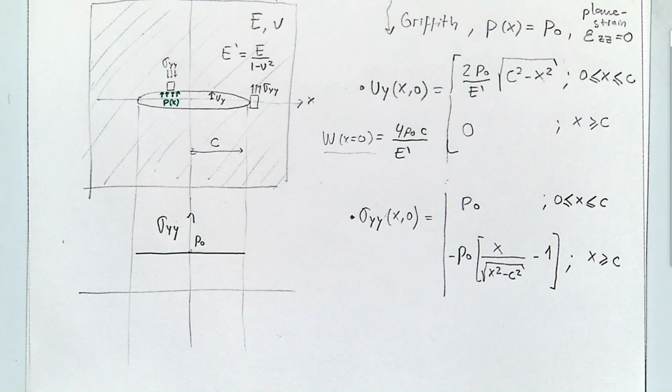So let me see. Let's start from the background. Mr. Thomas, it's the first time you come to lecture, and now you have the chance to get your extra points. What is the stress at the tip of the fracture?